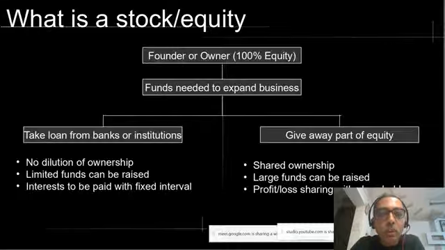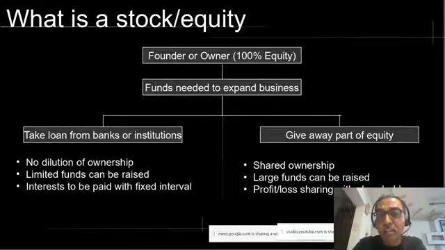There are actually three opportunities, but right now, in a more conventional way, we will talk only about two. First is taking a loan from, say, institutions or banks. The benefit of taking the loan is the ownership remains with the founder or owner. However, the limitations are limited funds can only be raised, and then the owner or that business has to pay interest at a fixed regular interval.